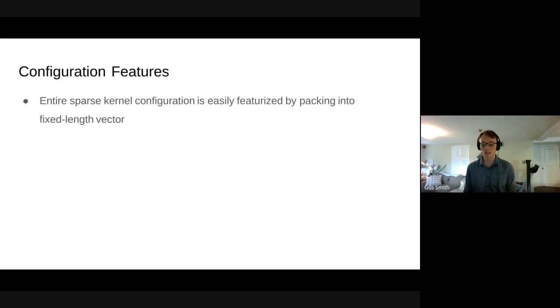This includes things like the dimension-level compression: for each dimension, is it sparse or is it dense? The dimension-level ordering, and then some other compilation flags and knobs, such as the vectorization level, the vector lanes, and whether or not certain optimizations are enabled. These things can all be packed into a fixed-length vector.